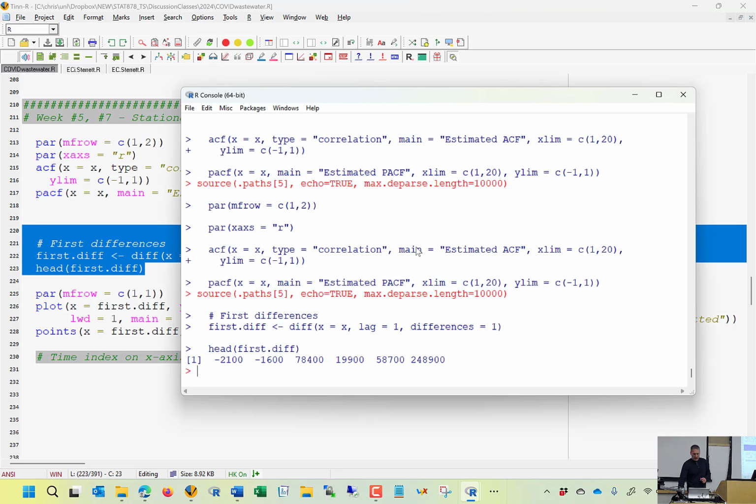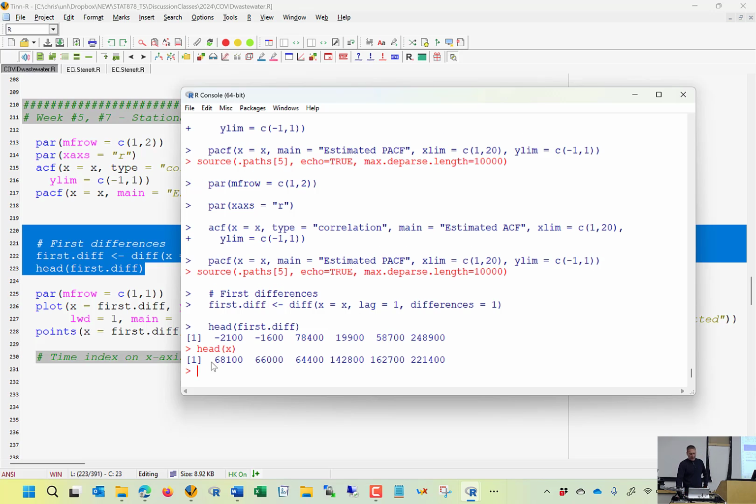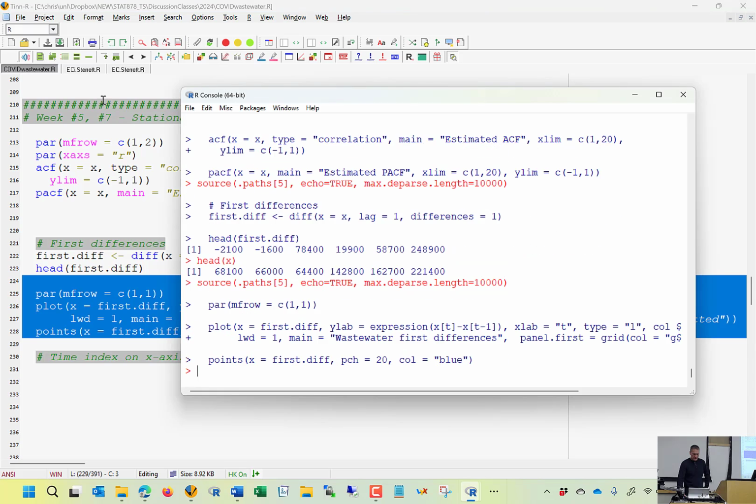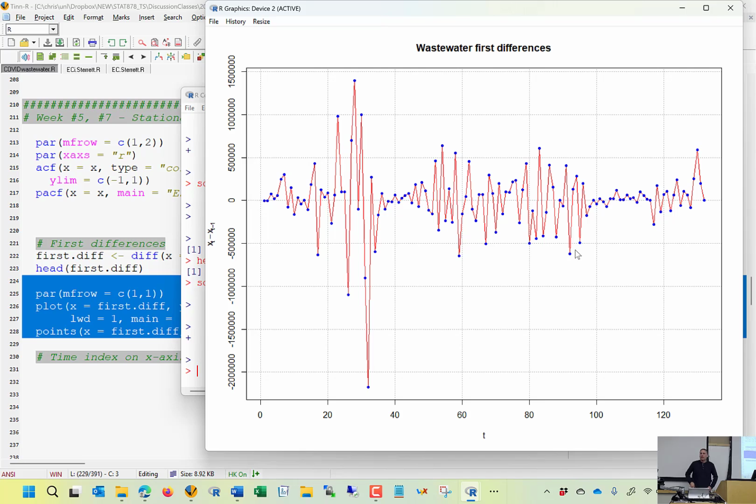I'm putting them into an object called first.diff for lack of a better name. And if I just do head of x, we can see that if I take 68,100 minus 66,000, I get negative 2,100. Okay? Let's do a plot of the first differences. And this is what we get.